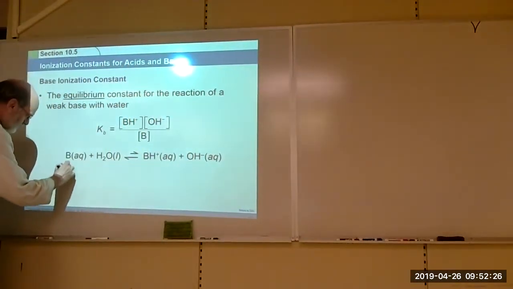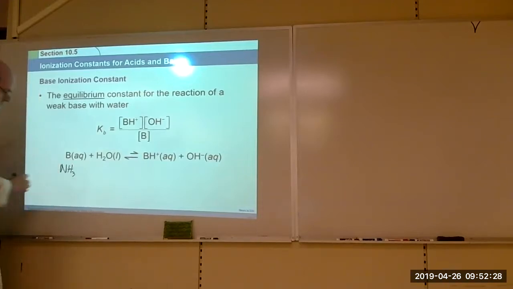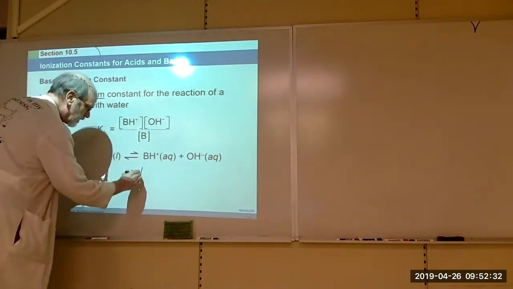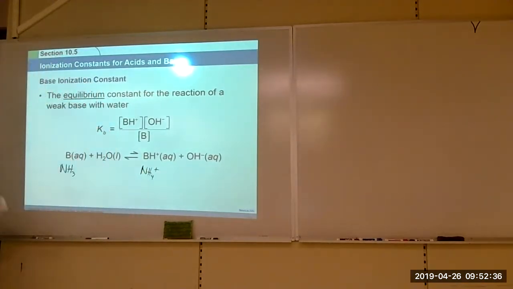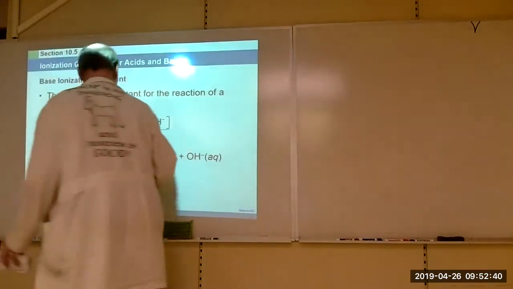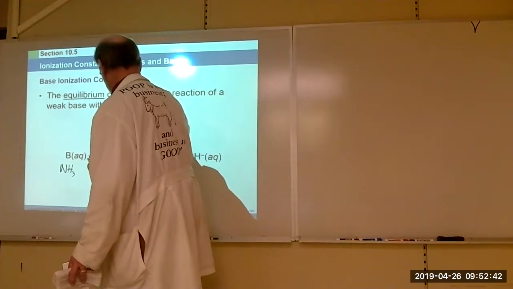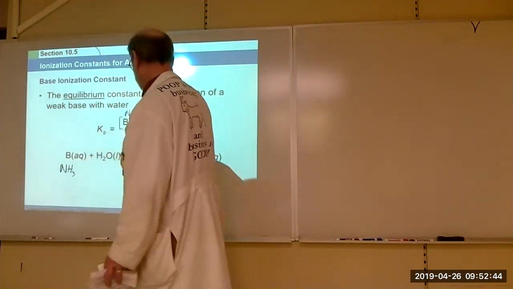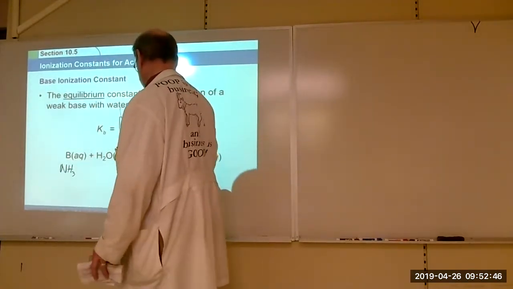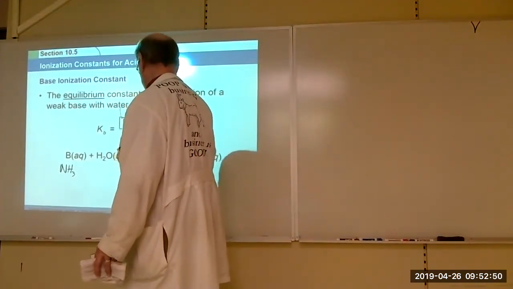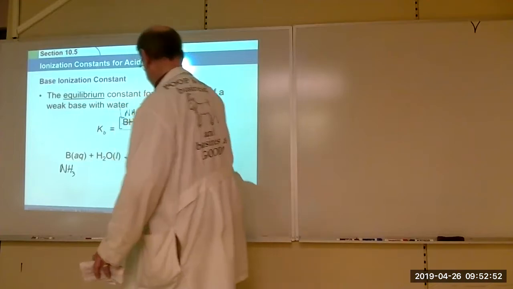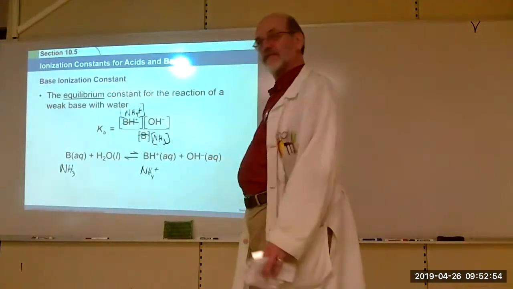If this is ammonia, that's a proton acceptor, then we end up with that. Okay. And if we substitute these in that expression, then this is there, and this is there. So we use these two instead of those.